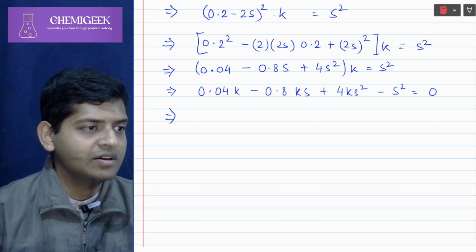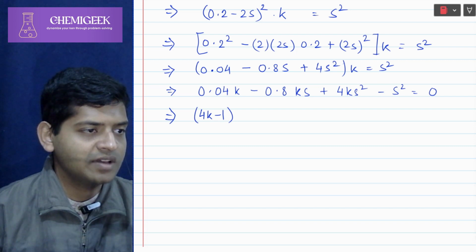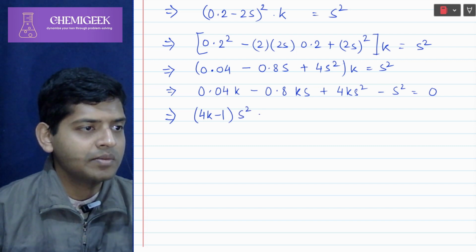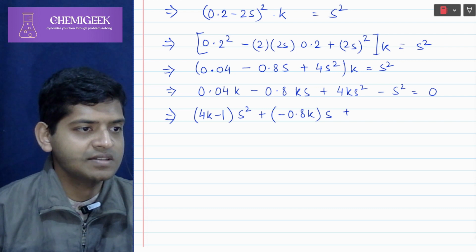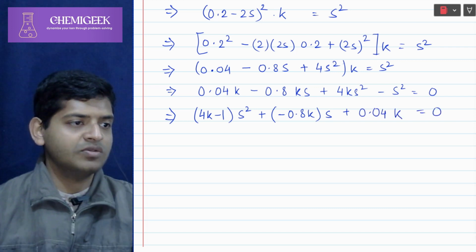So if we take S square common, we get (4K minus 1) S square, plus from S, minus 0.8K into S, plus 0.04K is equal to 0.